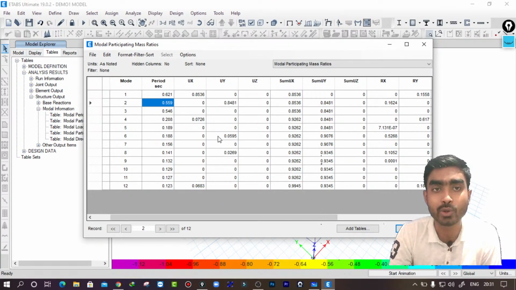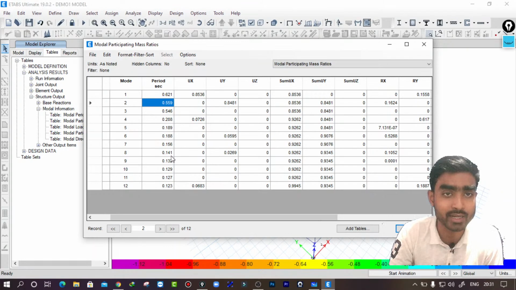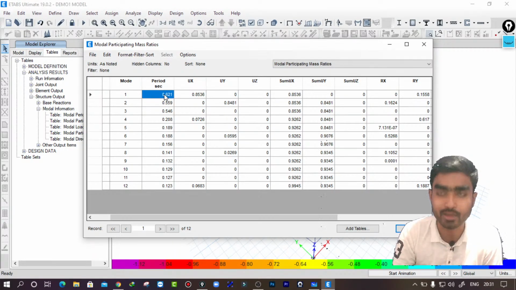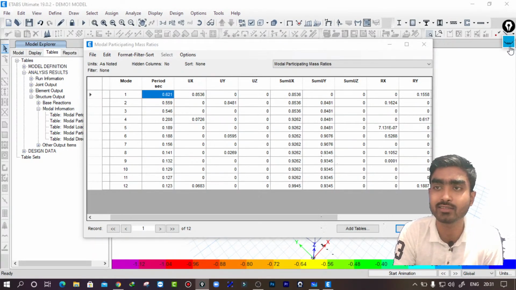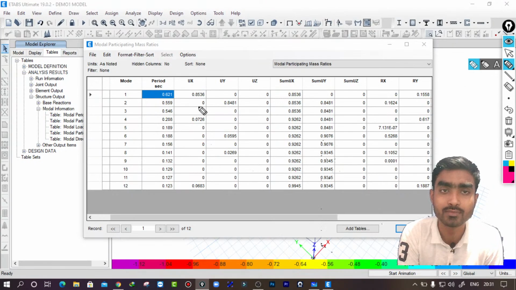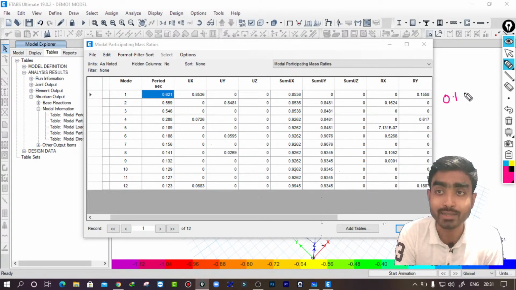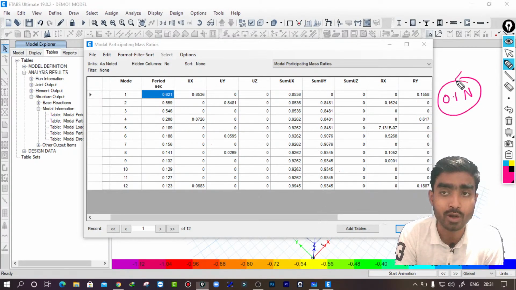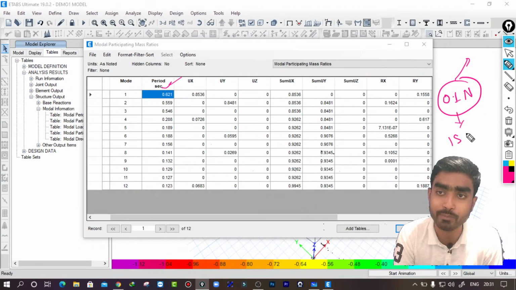You can see these are the time periods, and for the time period you can write one formula, which is actually an empirical formula. It may not be correct always. The first time period which you are getting should be 0.1, 10% of your number of levels, or greater than this; it should not be less than this. Actually this formula is there in IS 875 Part 3 while analyzing the building for the dynamic wind load case.